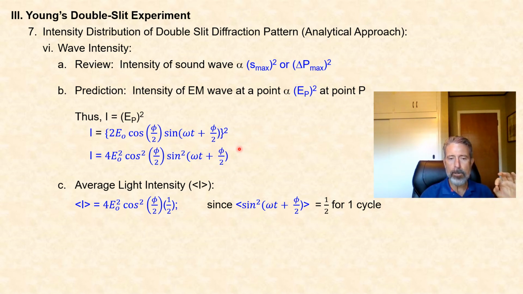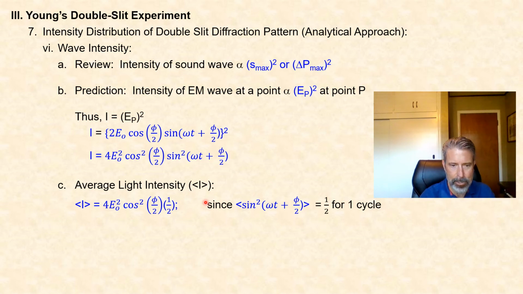And you'll notice here that if sine of theta oscillates between minus 1 and plus 1, the sine squared of theta oscillates between 0 and 1. And when we take the average value of sine squared between 0 and 1, the average value is exactly 1/2. So that's how we can replace this term right here, sine squared of the argument, with this value of 1/2. It's a time averaged value.